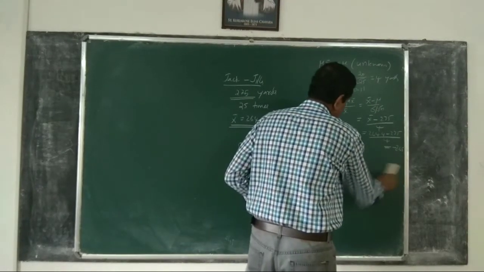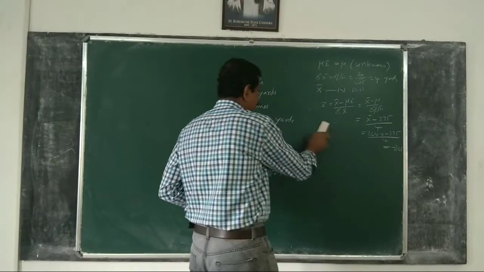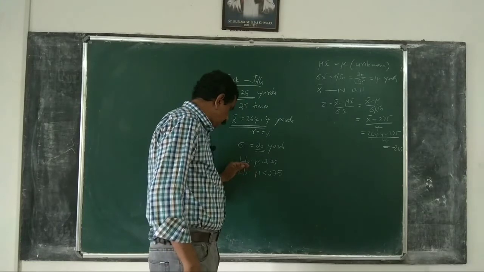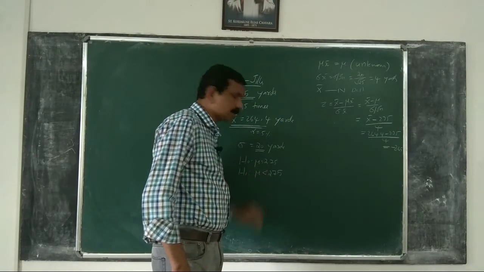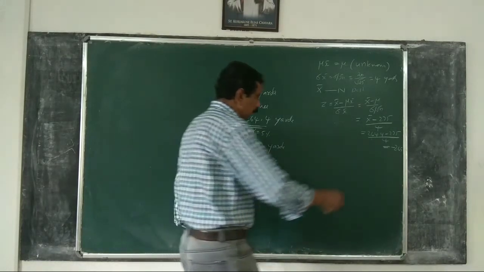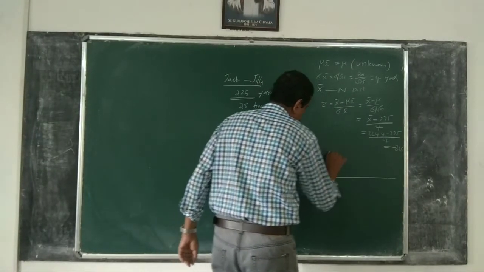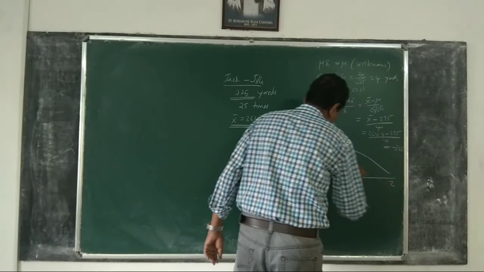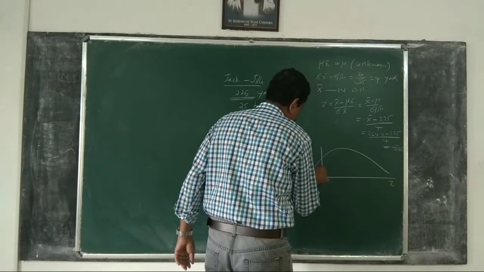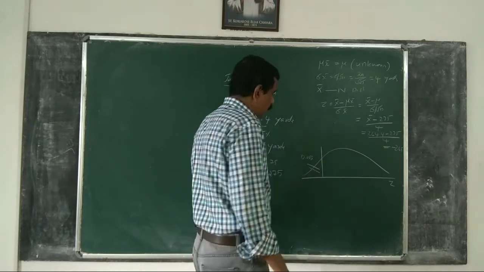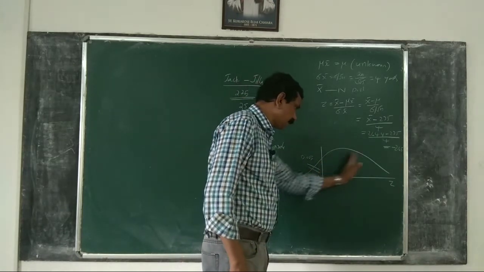Now, this is a one-tailed test because the alternative hypothesis is mu less than 275. So, the 5% critical value is in the left tail of Z. 5% here, 0.05, and this is 95%.